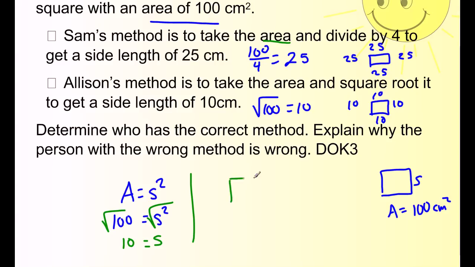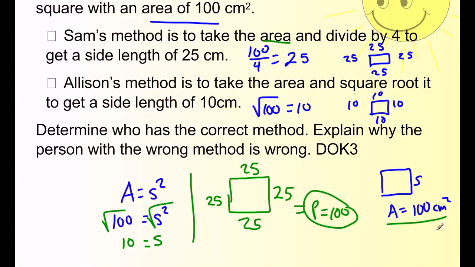The perimeter of a shape is when you add up the outside, and if you add up all four sides, that gives you a perimeter of 100 when we wanted an area of 100. So Allison was correct. You would square root it to get rid of the s squared. Sam is wrong because he was thinking about perimeter, not area.